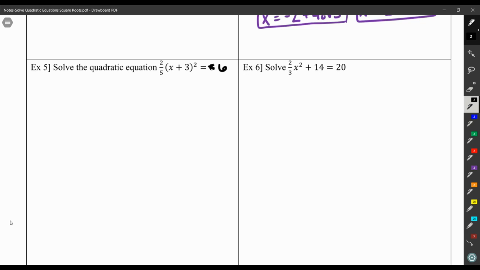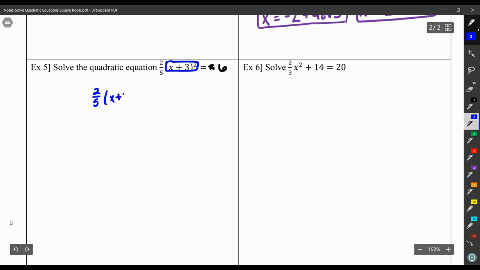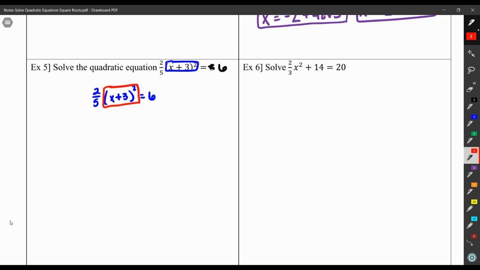So for example 5, we need to isolate the squared part first. So we have to get rid of that 2/5 in the front. So 2/5 times (x plus 3) squared equals 6. Well, if I want this piece by itself, I would have to divide by 2/5. But dividing by 2/5 is not the easiest thing to do. So dividing by a fraction is the same as multiplying by its reciprocal, the flipped version.